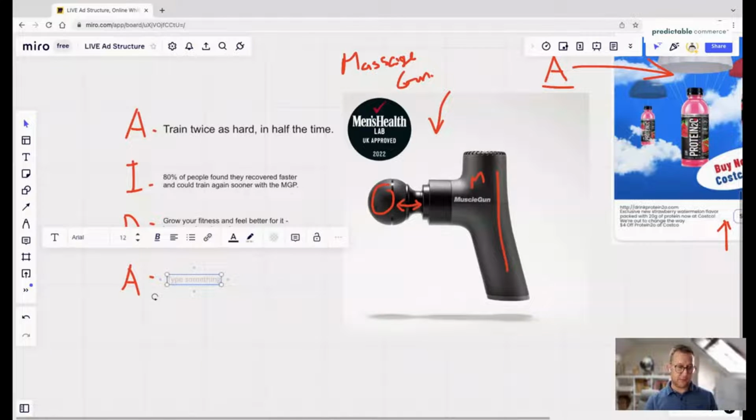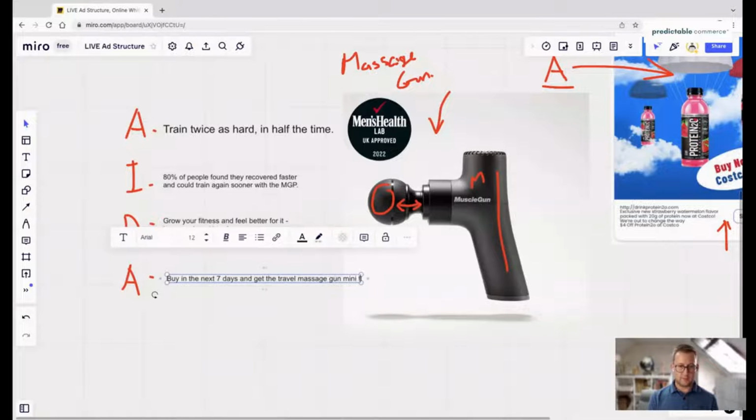And here's an example for this. These massage guns, they come in large sizes, they come in smaller travel sizes. Here's a great chance for us to build out a combination offer. So buy in the next 7 days and get the travel massage gun mini for half price.